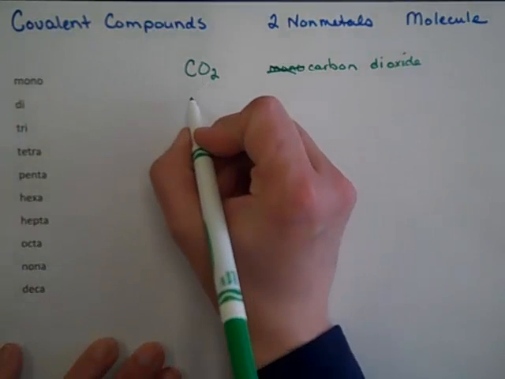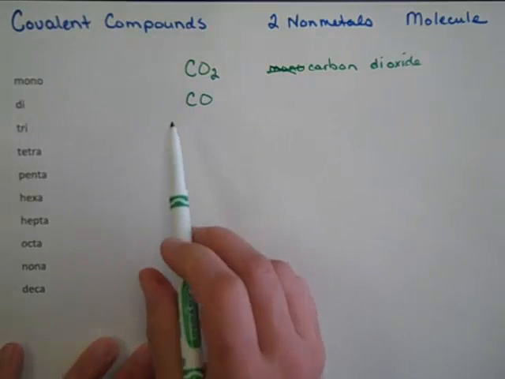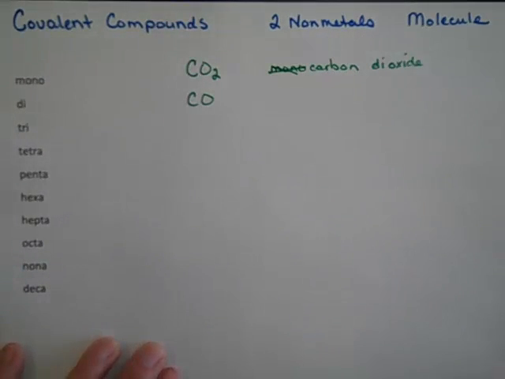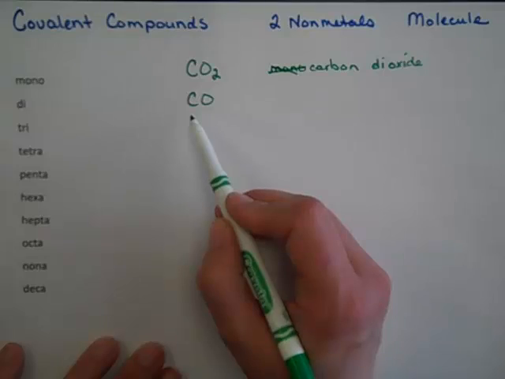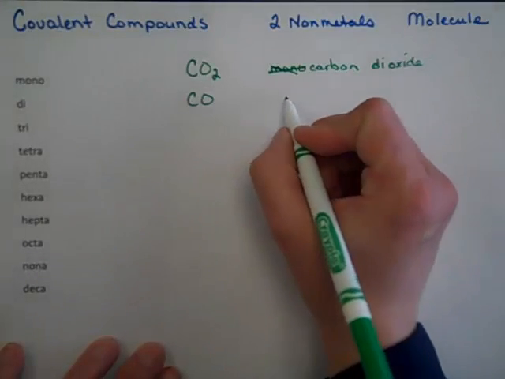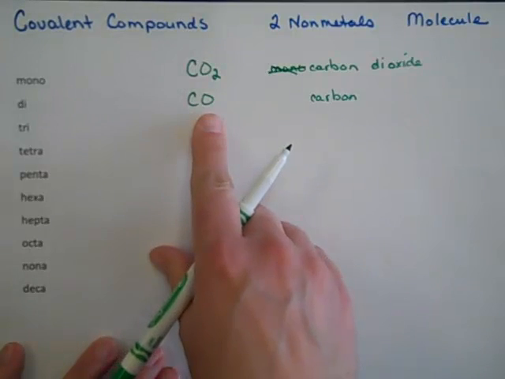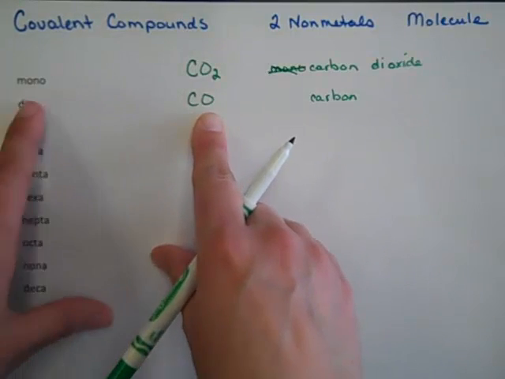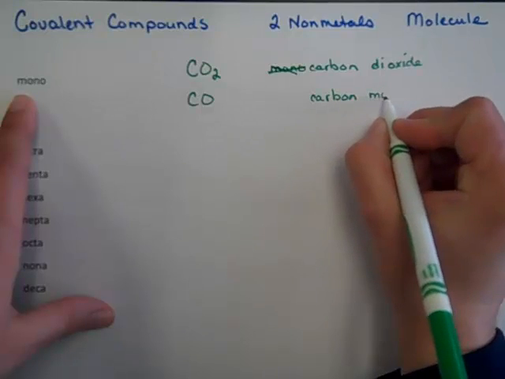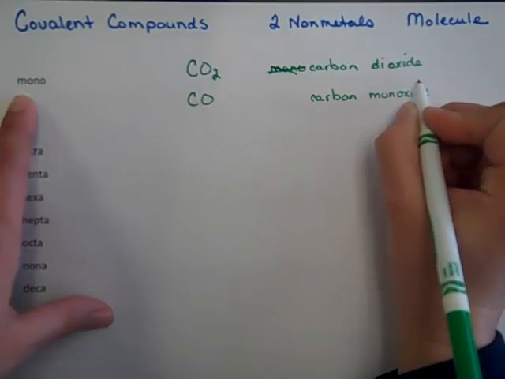Now, if we have CO, all right, this is another very common compound that you're probably familiar with. What we have is one carbon at the beginning, so we're just going to call it carbon. And we have one oxygen. So we're going to call it monoxide.